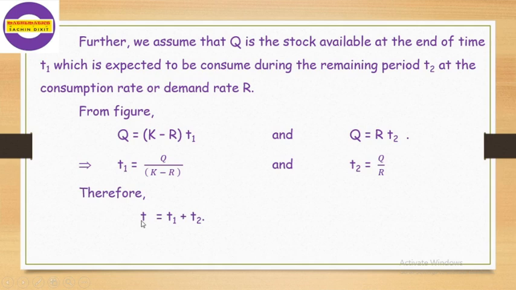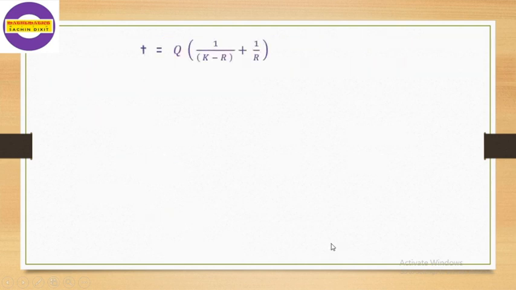Therefore, T is equal to T1 plus T2. Now put these values of T1 and T2 in this expression. We get T is equal to Q divided by K minus R plus Q divided by R. Then take Q common. Then we get Q into the bracket 1 upon K minus R plus 1 upon R. Cross multiply.